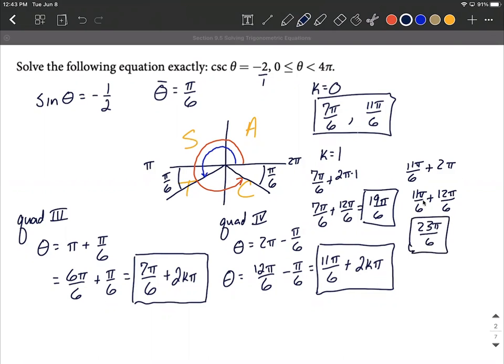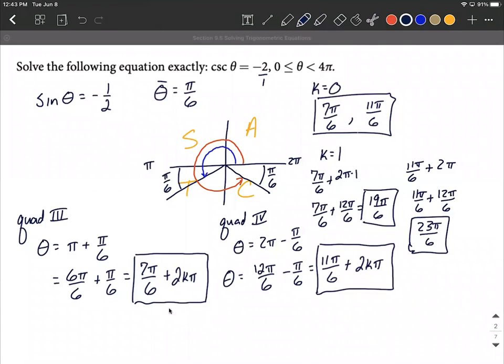That's going to be a fourth solution between 0 and 4 pi. And 23 divided by 6 is just slightly smaller than 4, so it still fits in the appropriate range here. So those are all of our solutions: 7 pi over 6, 11 pi over 6, 19 pi over 6, and 23 pi over 6 for our given range between 0 and 4 pi for our theta.